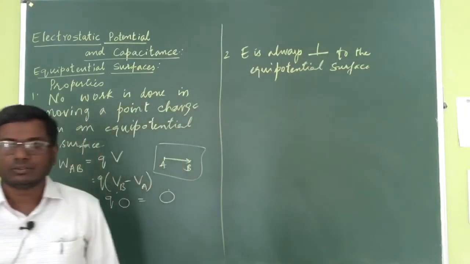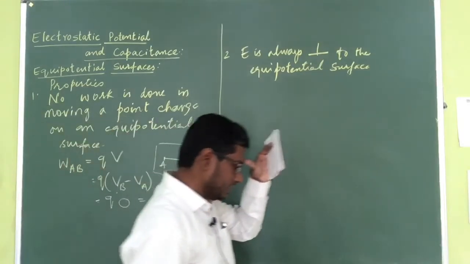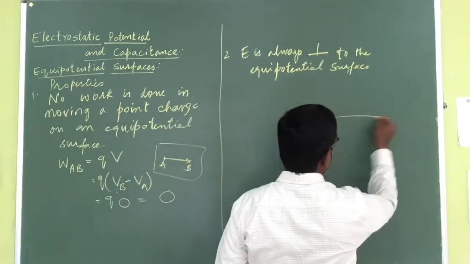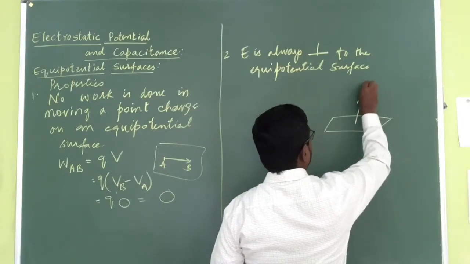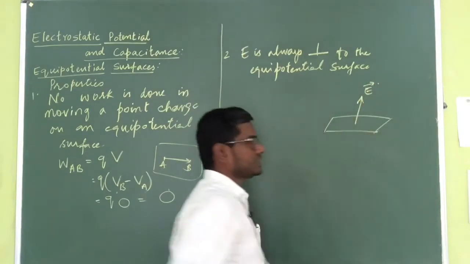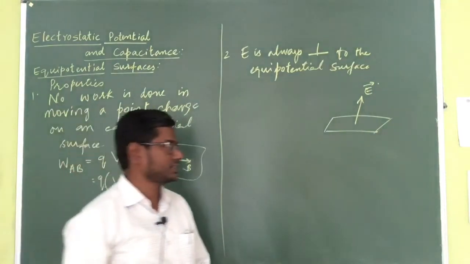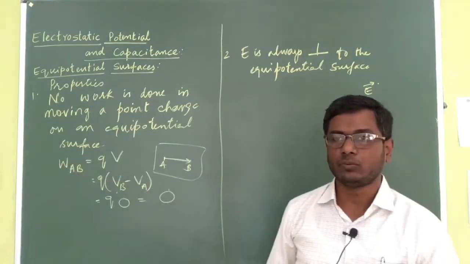It is always normal, or I can say perpendicular, to the equipotential surface. So let us say there is a surface and the electric field should always be perpendicular to this equipotential surface. Now why should this be the case?